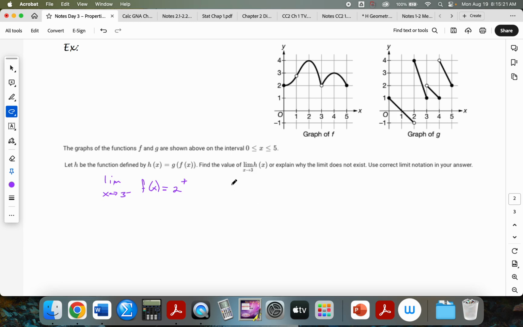We're approaching 2 from above. And the limit as x approaches 3 from the right of f of x. Note that f is approaching 2 from above.